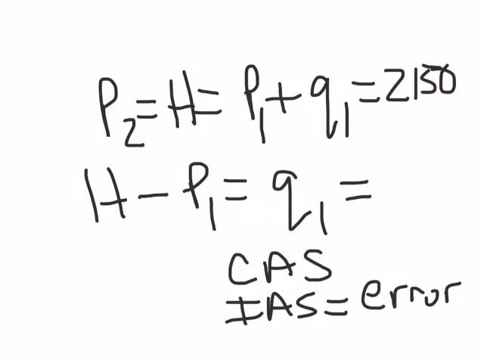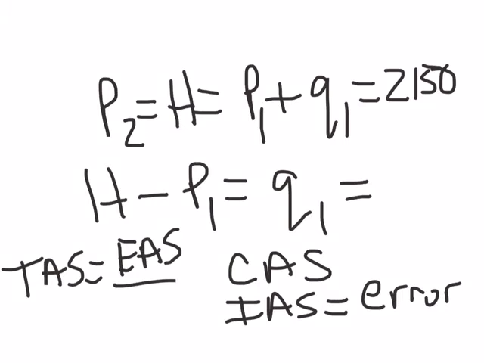And true airspeed is simple. It's equal to equivalent airspeed divided by the square root of the density ratio, not Q, it's the density ratio. And this density ratio can be found in table 2.1 in the book that we just had. So this is Bernoulli.